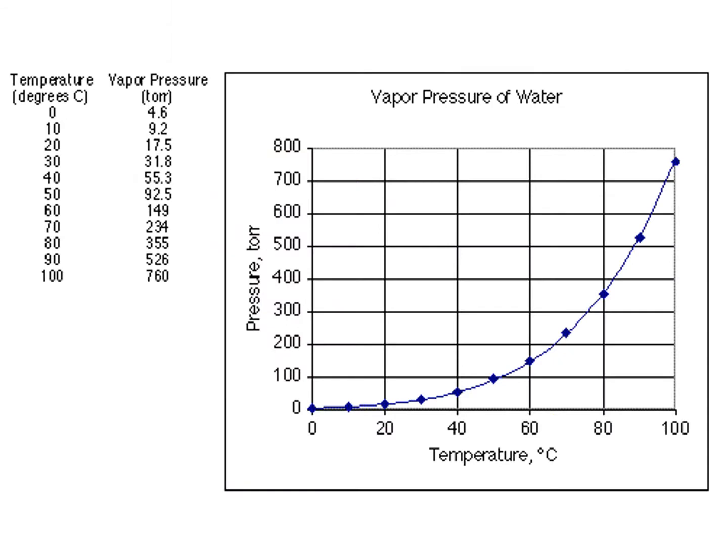If we measure the vapor pressure of water at different temperatures, we obtain a curve. And at 100 Celsius, the vapor pressure is equal to the atmospheric pressure. As you can see from the table, it would be equal to 760 torr. Now 1 torr is the same as saying 1 millimeter of mercury, and it takes 760 millimeters of mercury to make 1 atmosphere.